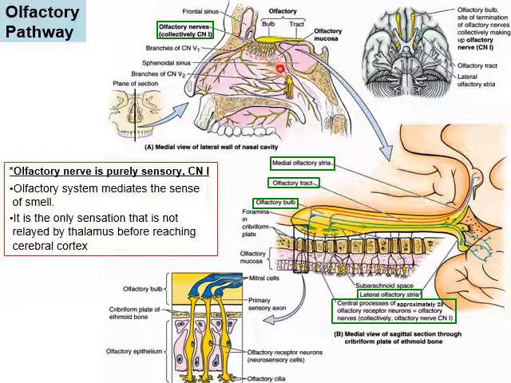The olfactory nerve is made of approximately 20 olfactory receptor neurons. And when I say olfactory receptor neuron, I mean that the olfactory nerve is at the same time a receptor. So here is a magnified view. It shows the olfactory receptor neurons. It's a nerve cell, it's a neuron, and at the same time it is a receptor.